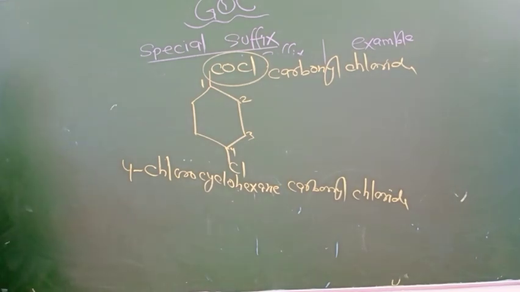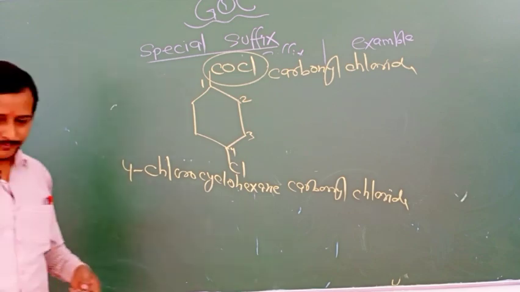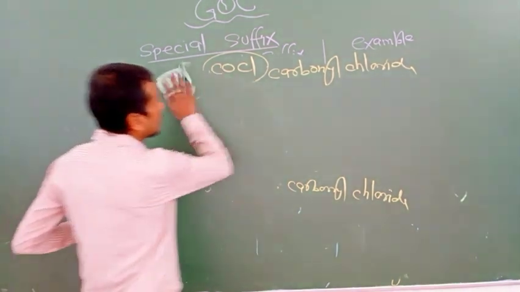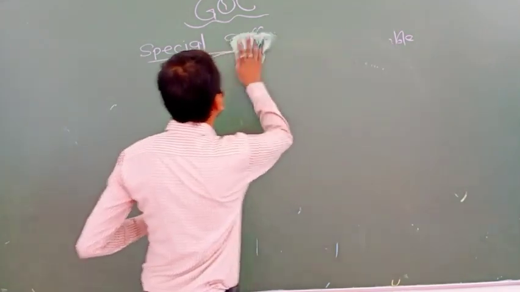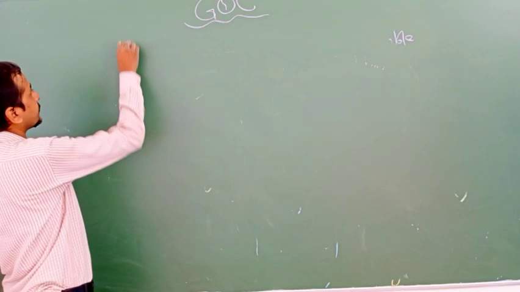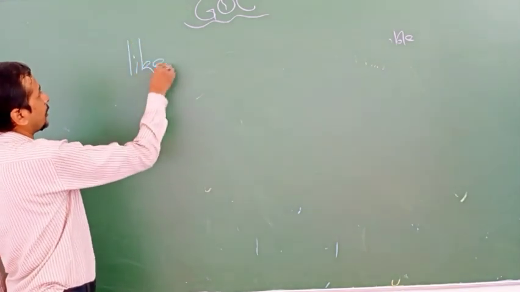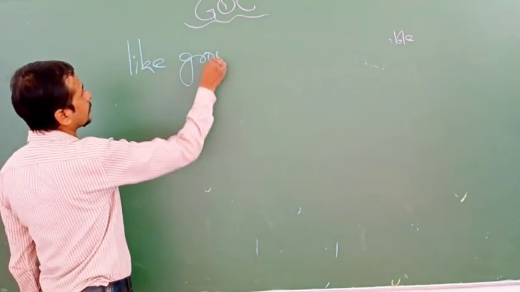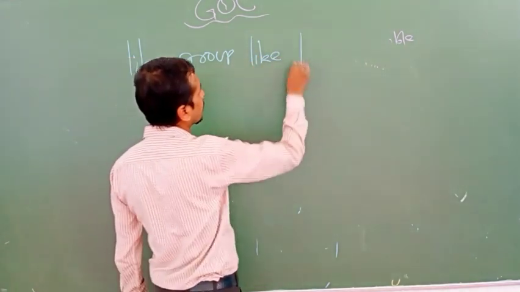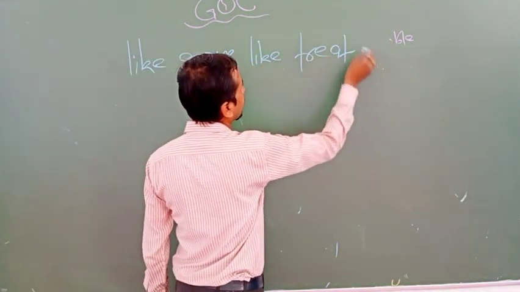Now students, some more things you have to note down about the nomenclature of given organic compounds. So one more system is there, like group treatment.